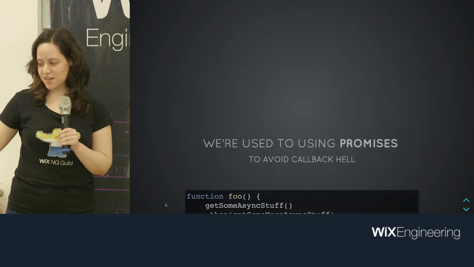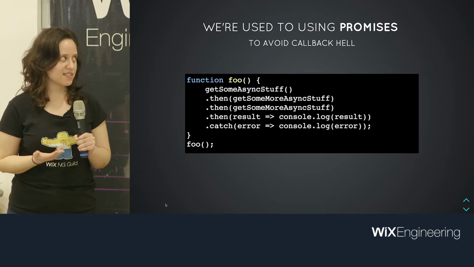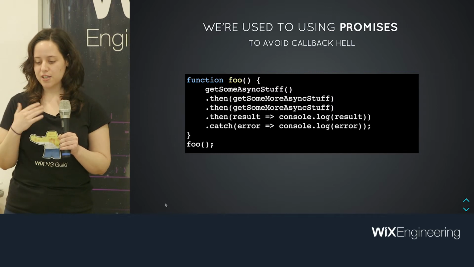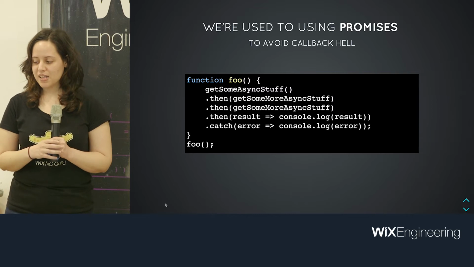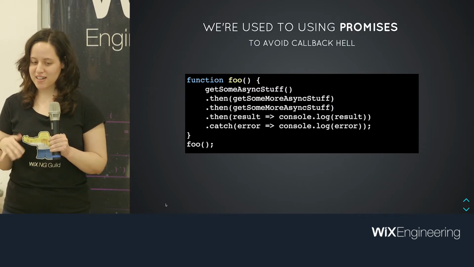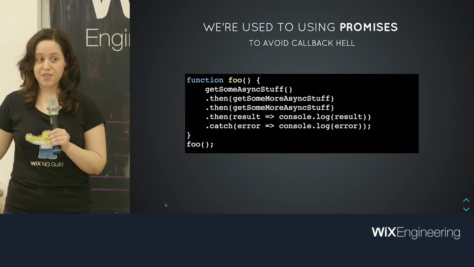But fortunately, promises came, and it made our code so neat. You can catch the error once for the whole chain. You can call multiple async functions by chaining them, and we don't have to implement callbacks and stuff like that. So we thought it's heaven.